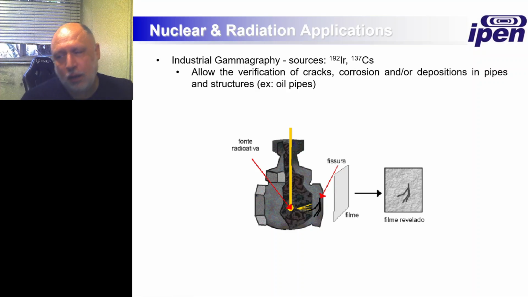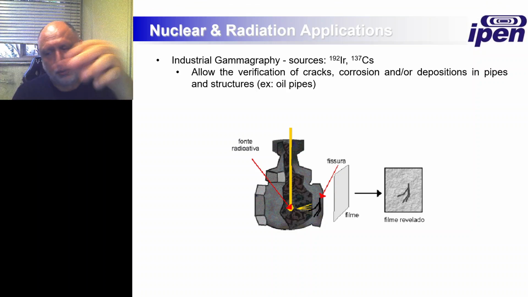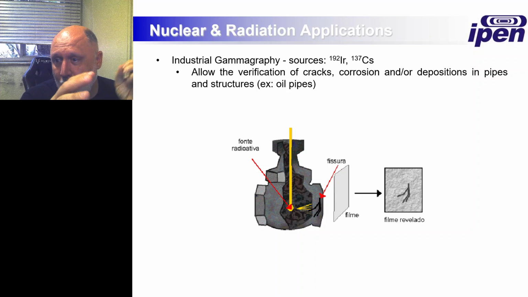Either they insert a probe, as shown here, or you do a real gammography, a tomography. Just put a gamma ray source here, a detector here, and you twist it, and then you see how bad the crust is, because the crust has very high Z. The heavy parts of the oil tend to deposit.